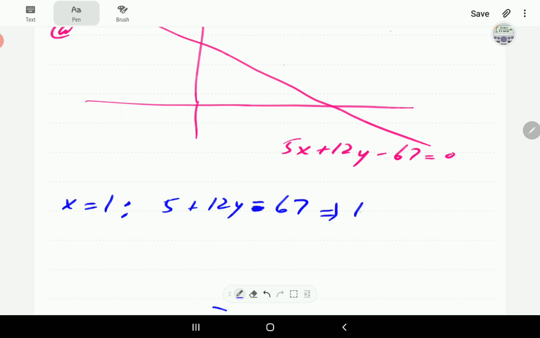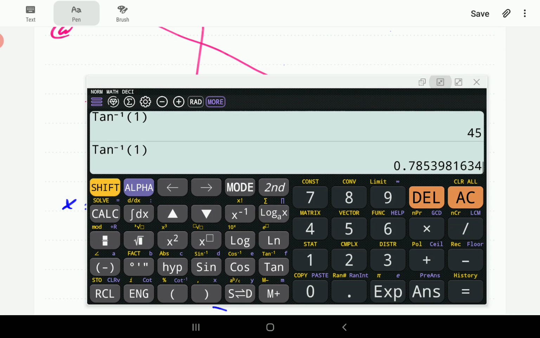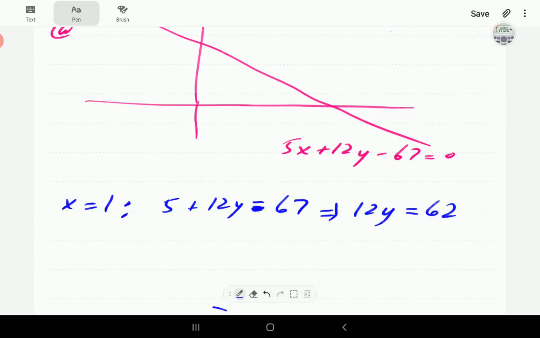So 12y is 67 minus 5. That's going to be 62. So what's 62 divided by 12? Oh, it's not going to be a nice number.